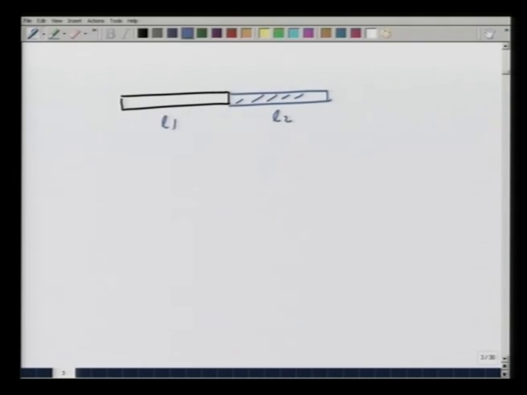L2, L1, lambda 1, lambda 2, and let me again show you the load curve is something like this.